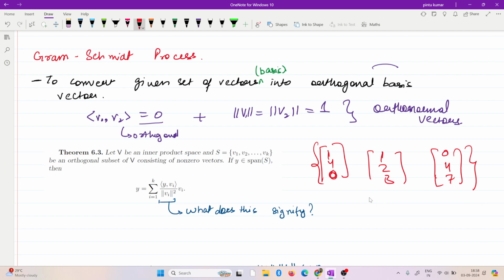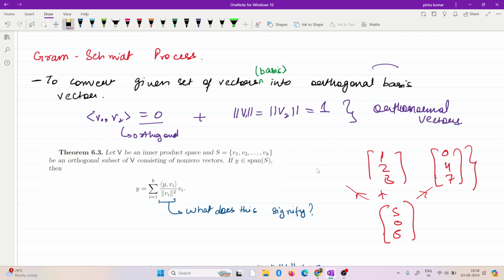But if I give you a random vector, let's say 5, 0, 5, and ask you to write it as a linear combination of these three basis elements, you will have to solve a system of linear equations to get an answer. So this is not straightforward.